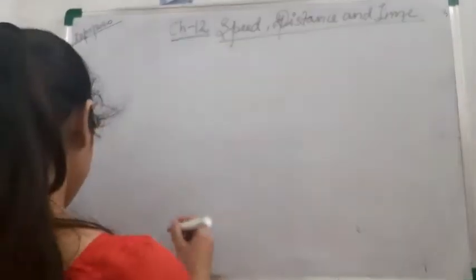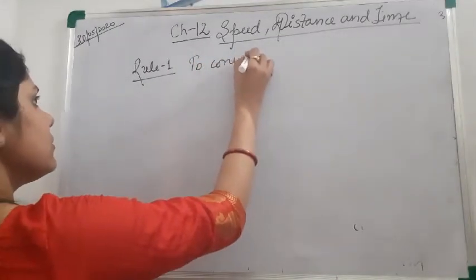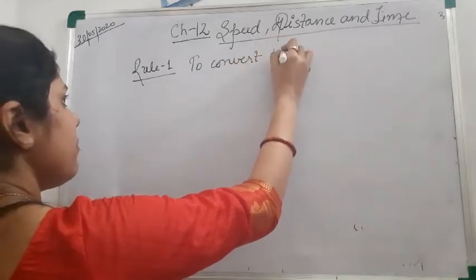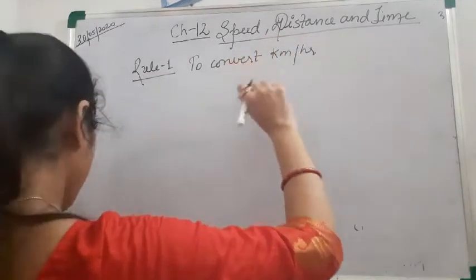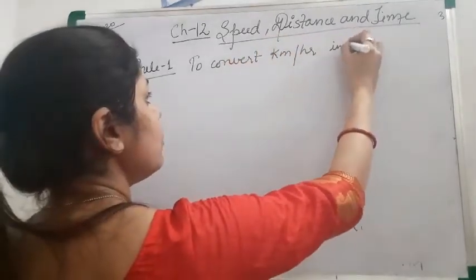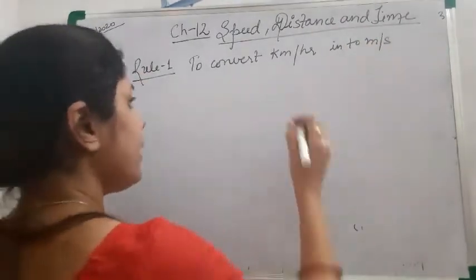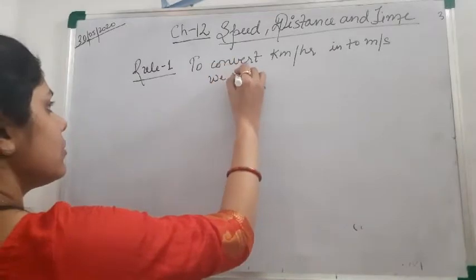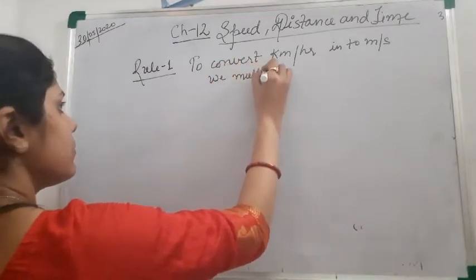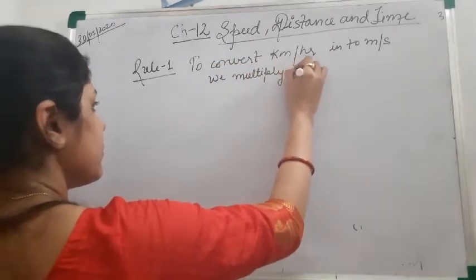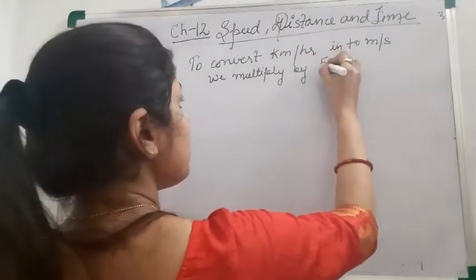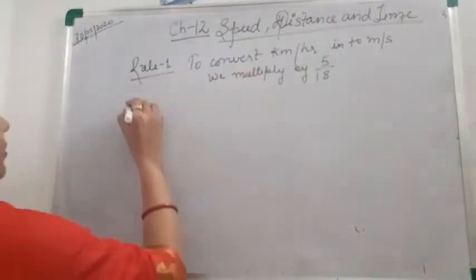One more thing you write. Rule 1: to convert kilometer per hour into meter per second, we multiply by 5 upon 18.